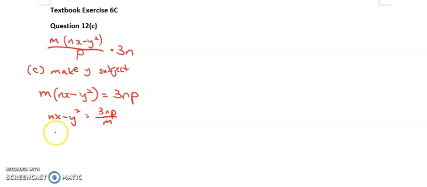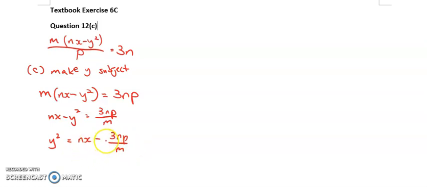Okay, and we can isolate the term, make y squared the subject, because we are trying to get y, so we get y squared becomes nx minus 3np over m.